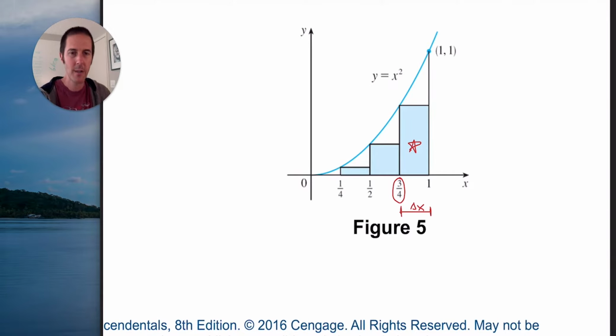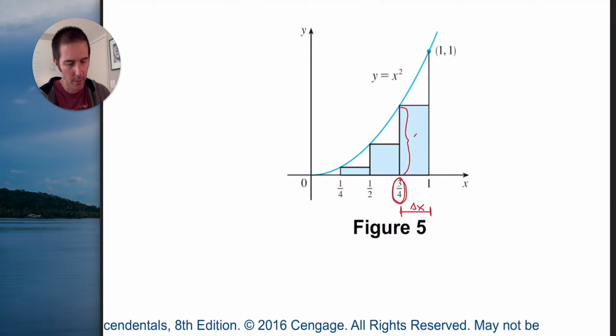Because I'm defining these rectangles using their left endpoints, I would use this x value of 3/4. I would plug that into my function and find this height. I am drawing it there on purpose instead of putting it out here because I'm not working with the right-hand edge of this rectangle. I'm looking at the left-hand edge of it.